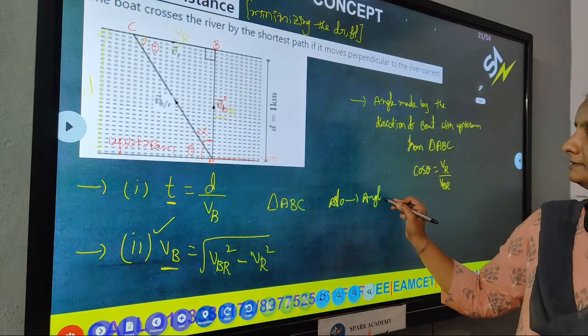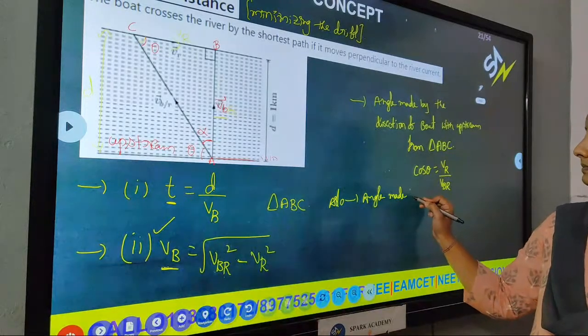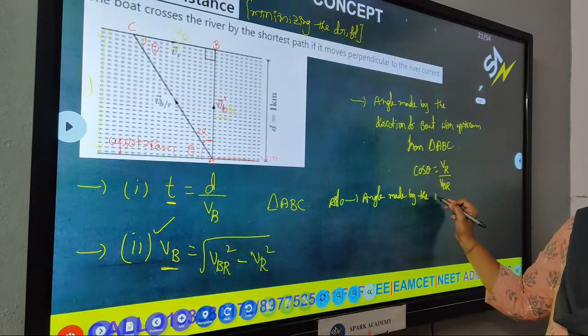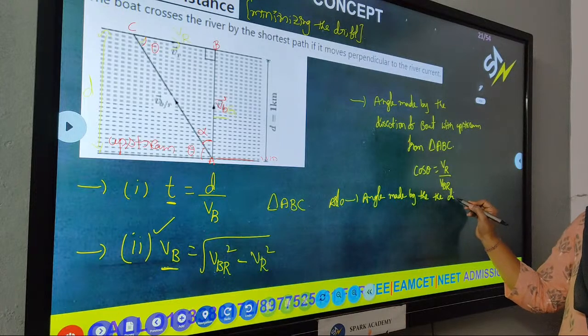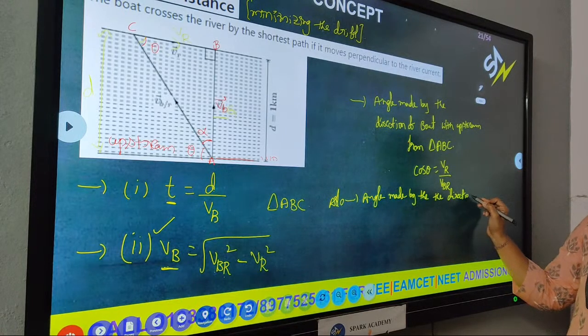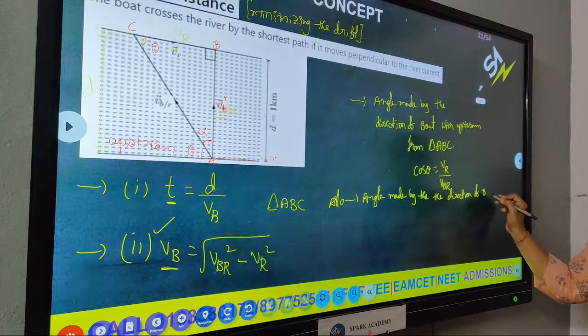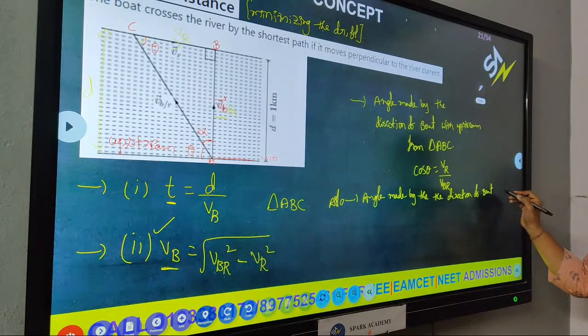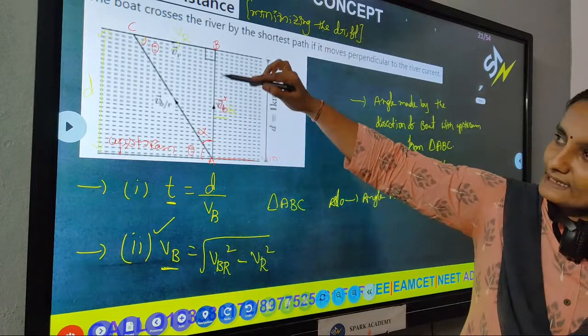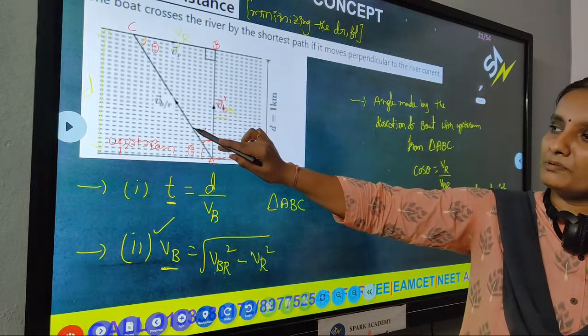Also, the angle made by the direction of the boat with the shortest distance, this is the shortest distance, is alpha.